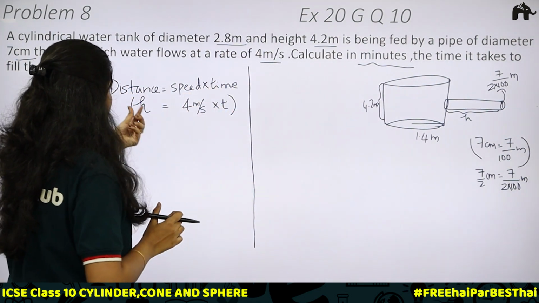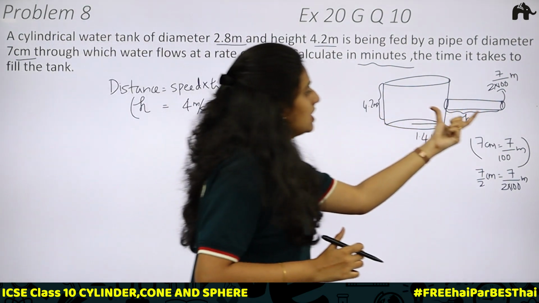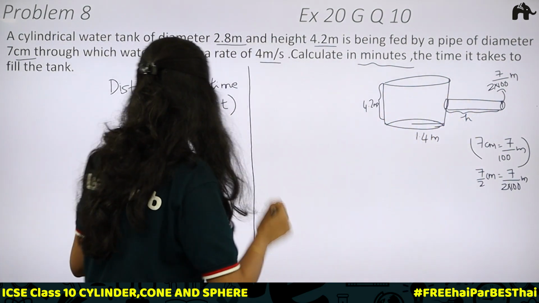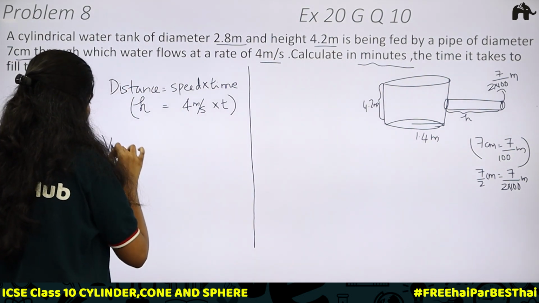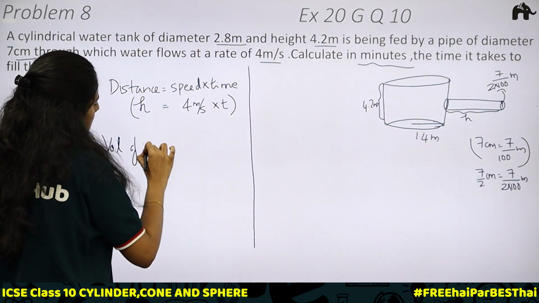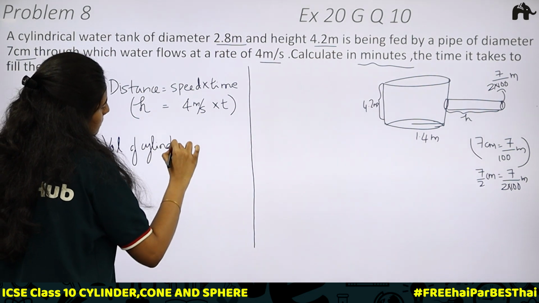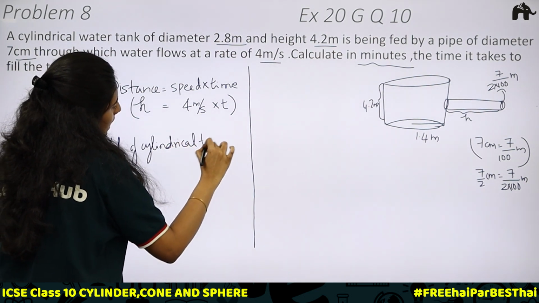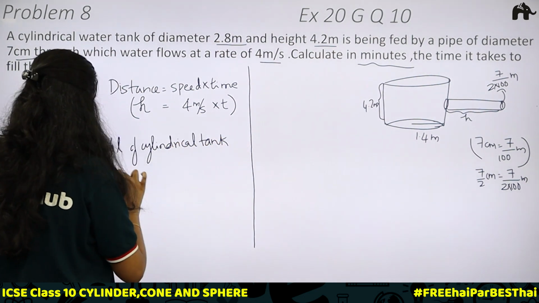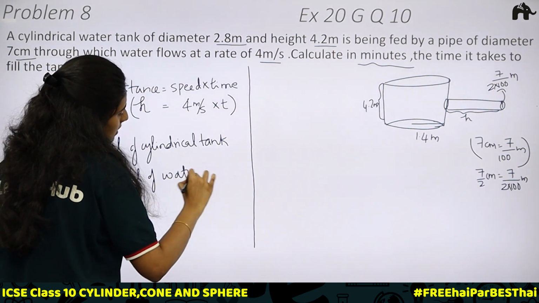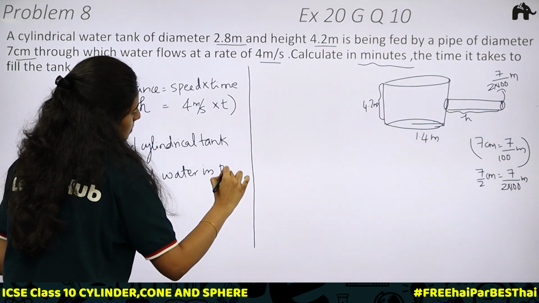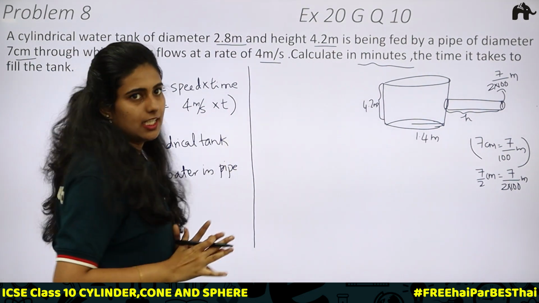Okay, we have h, the height of the cylindrical pipe, as the distance travelled by the water. We'll be having volume of cylindrical tank is equal to volume of water in pipe. So, pipe is again cylindrical in shape.